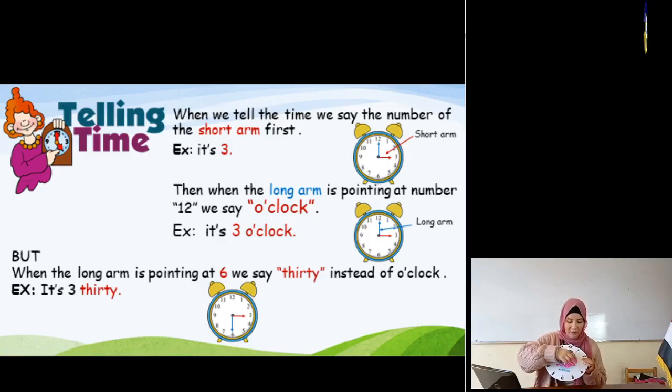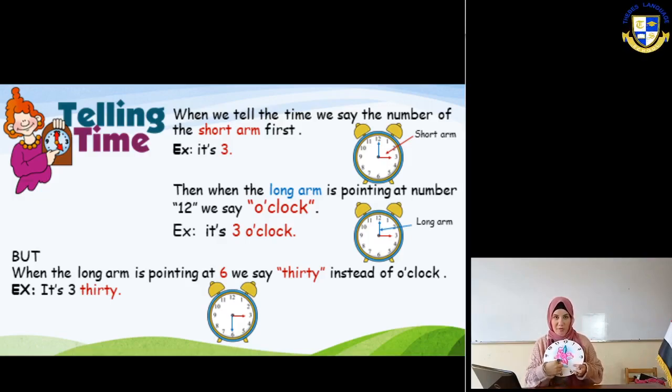We say the number of the short arm first, 5. When I read the time, I say the number on the short arm first, 5. And then I say the long arm. When the long arm points to number 12, I say o'clock.